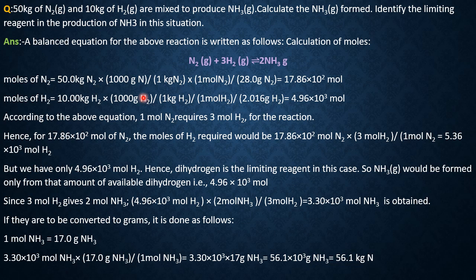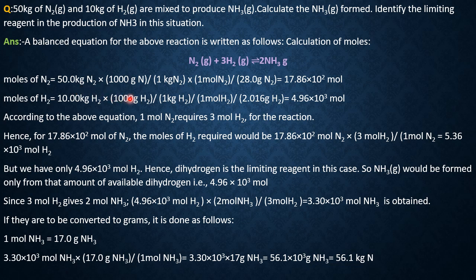What is the molar mass of nitrogen? 14 plus 14, 28. 28 gram means 1 mole. This is in kilogram, so 50 kilogram equals how many grams? 50 into 1000. So 28 gram of nitrogen is 1 mole of nitrogen. 50 into 1000 grams of nitrogen is how many moles?